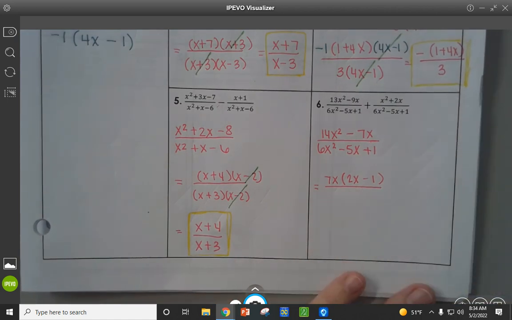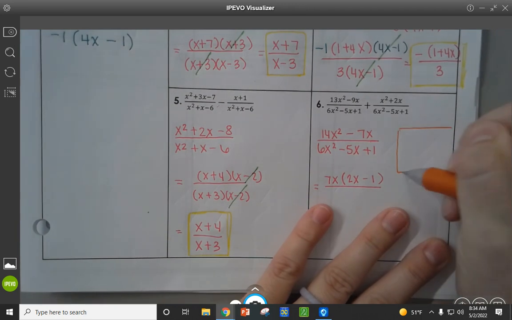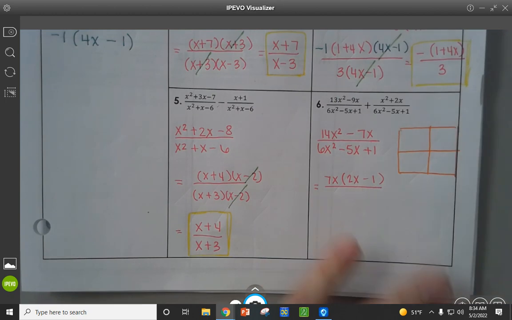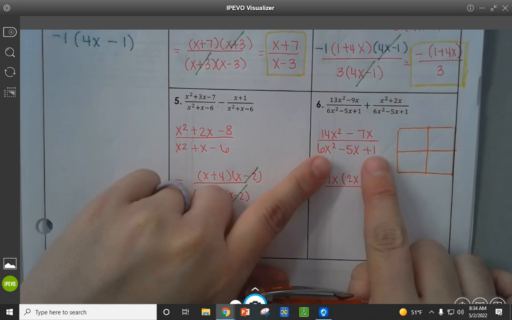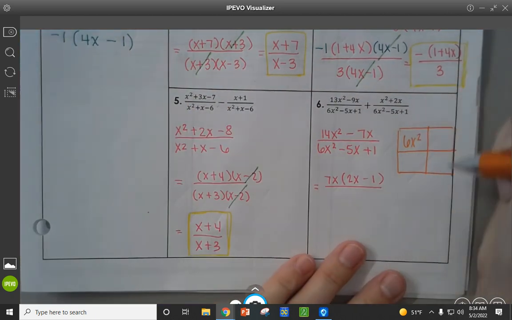The denominator, this is what requires the box method to factor. So you might have forgotten a little bit. Your A and C go in these two boxes. So your 6x squared and 1.